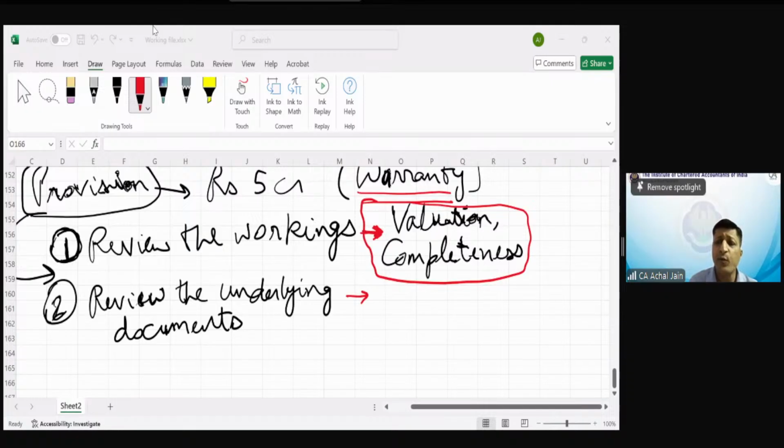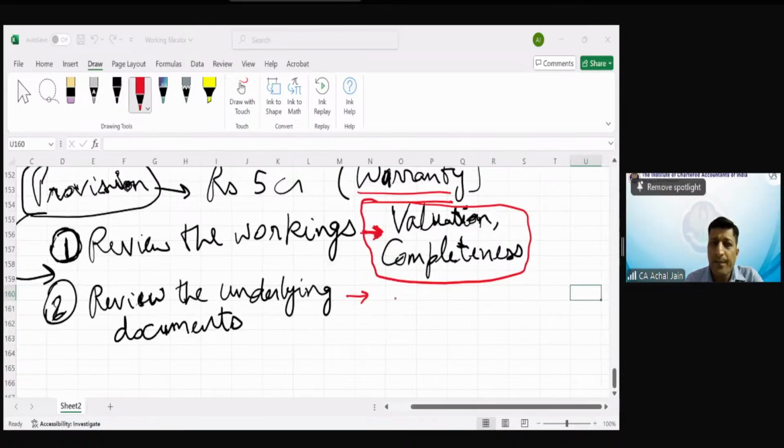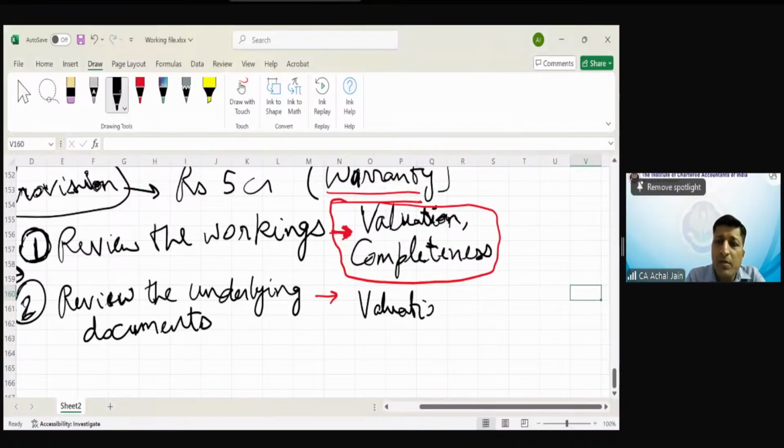All right, so let's try to understand this one also. See, when you are looking at the underlying documents, that will of course help you in terms of rights and obligations. Yes or no? Yeah. Okay. And valuation will also be the relevant one, no doubt, because through the agreement you will get to know the amount.